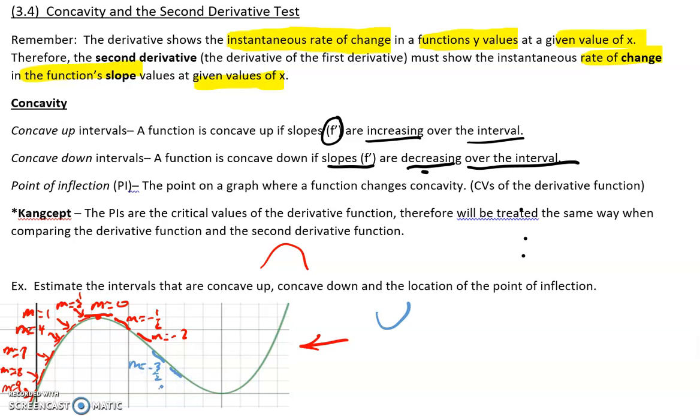Here, that tangent line slope will be still negative, but not as steep. So it would be like -1. Here, that tangent line slope would be like -1/2. Here, again, my slope will be 0 at that relative minimum. And here, my slope is increasing to, say, 1/2 for that tangent line, and so on, correct?